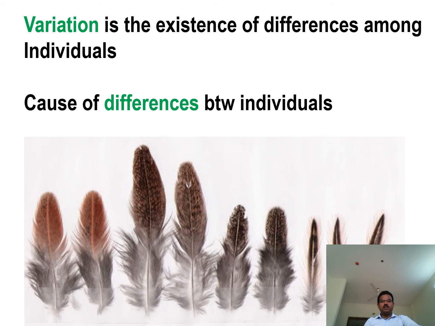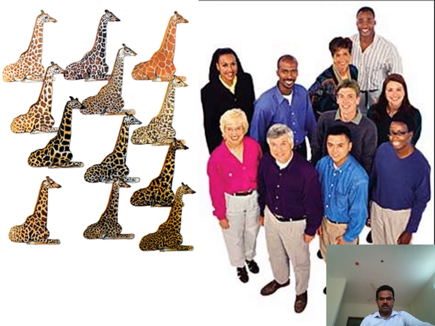So what is variation? You take any one character in a given population at a given geographical area. There are differences for that trait or character. That is called variation. Because of this variation, there will be differences between the individuals and populations.